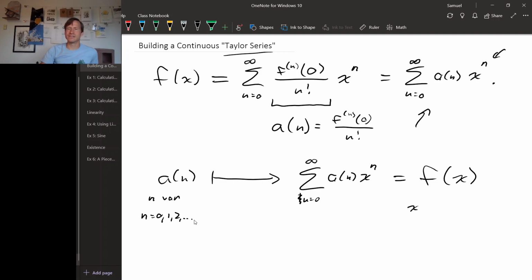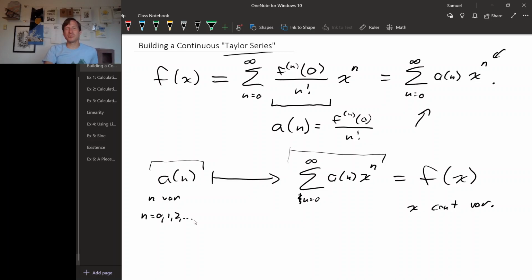And x is a continuous variable. So x can take a value in some continuous interval on the real number line. Not necessarily the whole real number line, but a continuous interval at any rate. Phrasing it this way, a Taylor series is just a way of starting with one function of n and transforming it into a new function, which is given by this formula.